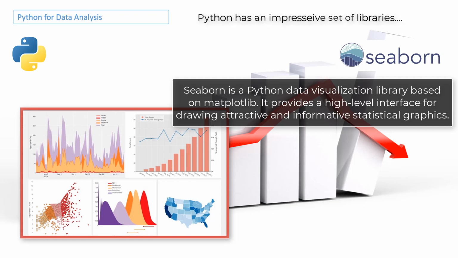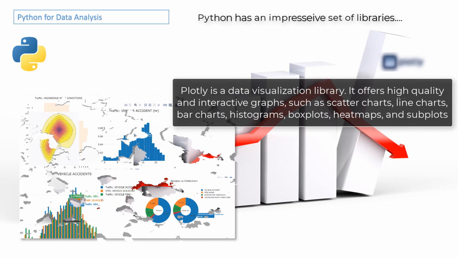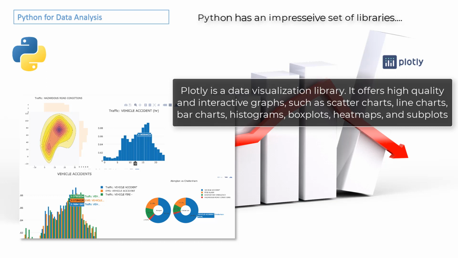And the last library that we are going to look into is Plotly. Well, Plotly offers high quality and interactive graphs, such as scatter charts, line charts, bar charts, histograms, box plots, heat maps, and subplots. Alright, so these are the libraries that have made Python a popular choice for data analysis.